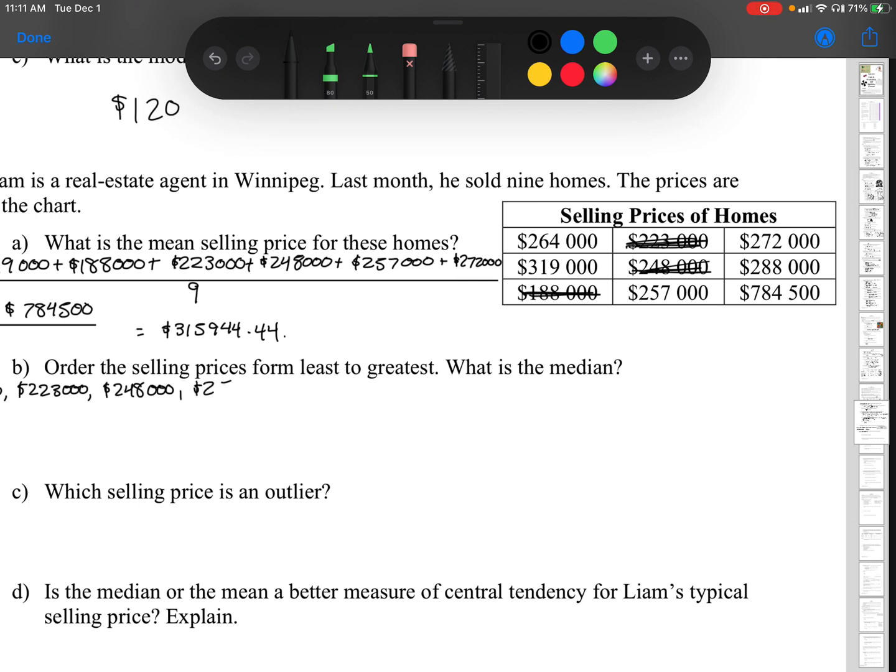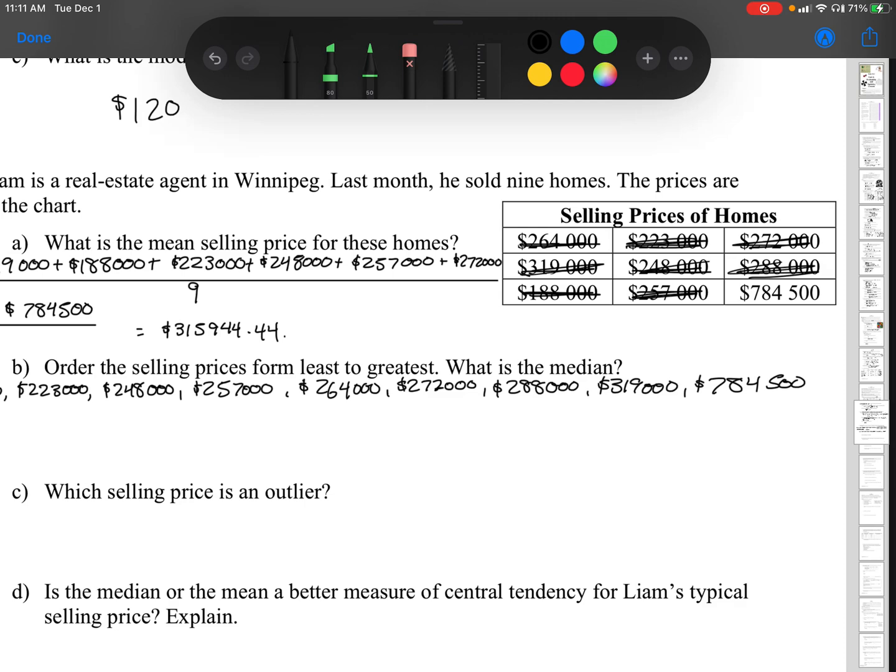And then 257, and then 264, and then 272, and then 288, and then 319, and then 784,500. I actually got them all that time.